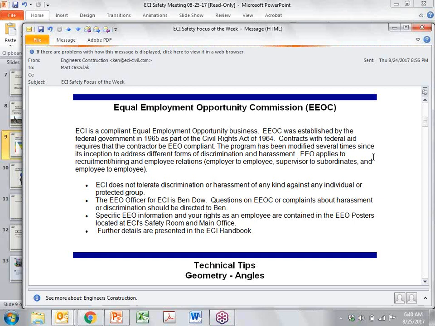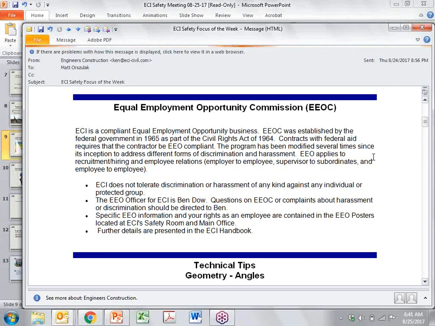A few points to make here too is that ECI does not tolerate discrimination or harassment of any kind against any individual or protected group. You don't have to be a protected group. If you're being harassed, let us know. The person to notify is the EEOC officer, who's Ben Dow.